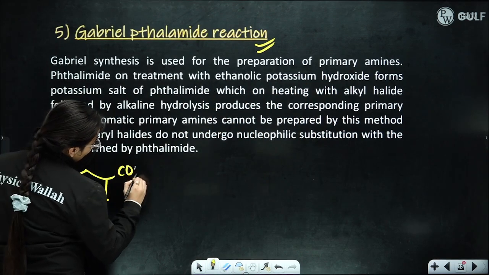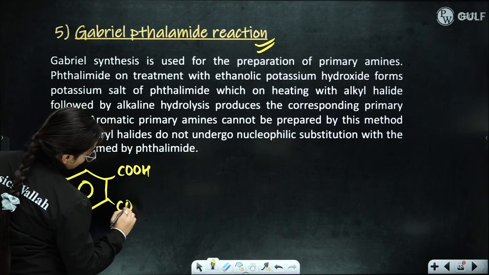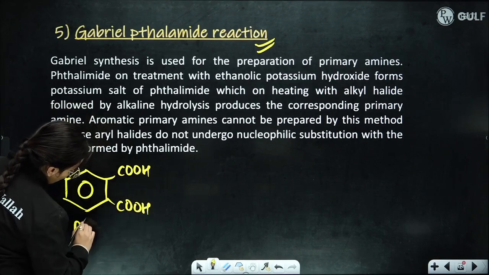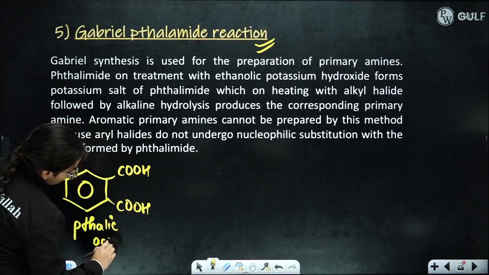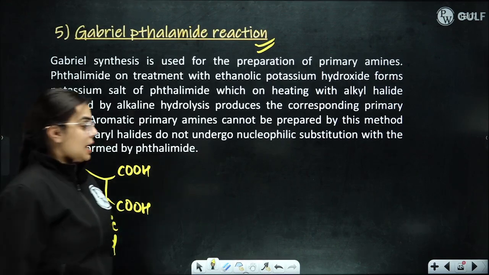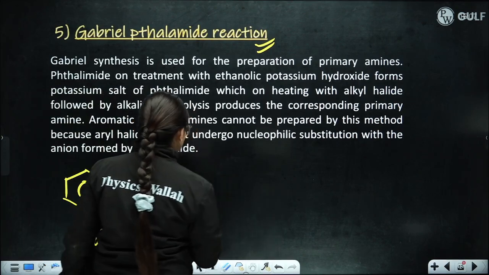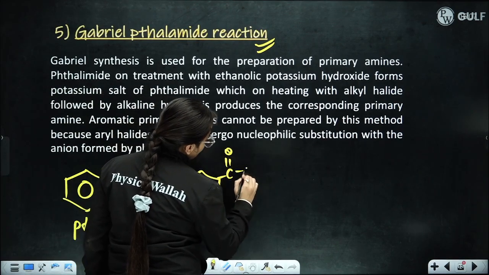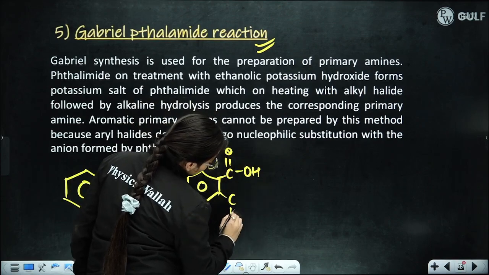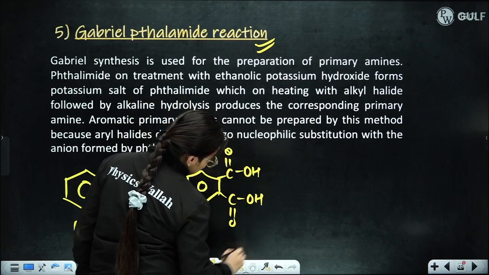So beta, this is your phthalic acid, COOH. Let me tell you, when I am pronouncing phthalic acid, the P is silent over here. I can also represent this phthalic acid like this, C=OH, C=OH.